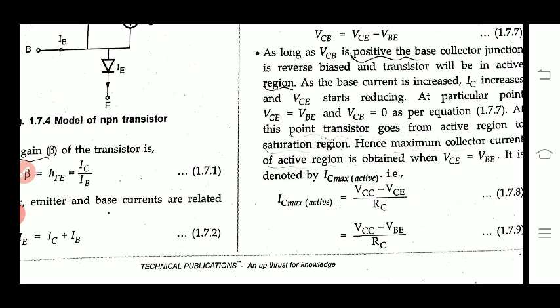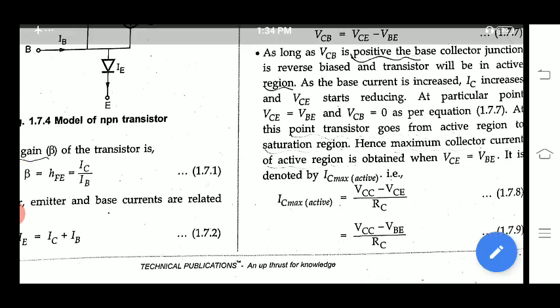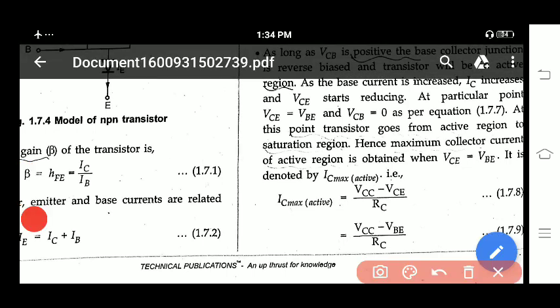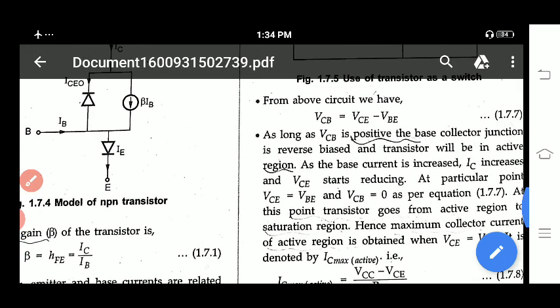And at a particular point it happens that VCE reduces and reaches VCE equal to VBE. In the above expression, whenever VCE becomes equal to VBE, then VCB will be 0.